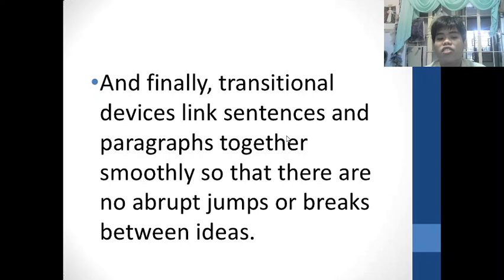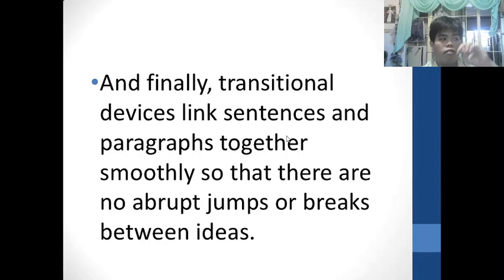And finally, transitional devices link sentences and paragraphs together so smoothly that there are no abrupt jumps or breaks between ideas. As I have stated, these are the bridges or the words that help connect the sentences or paragraphs together in a way that they seem related to one another.